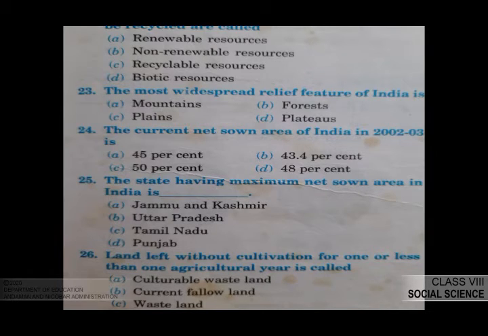Now next question, land left without cultivation for one or less than one agriculture year is called, options are culturable wasteland, current fallow land, wasteland other than current fallow. These are your options. You have to find out the correct answer of it. Okay.